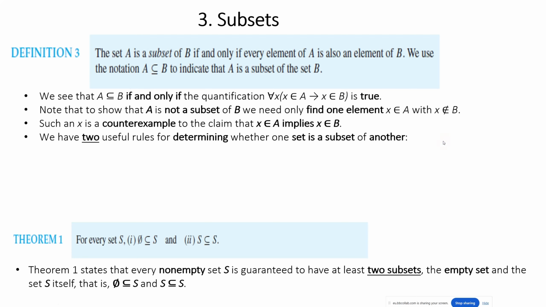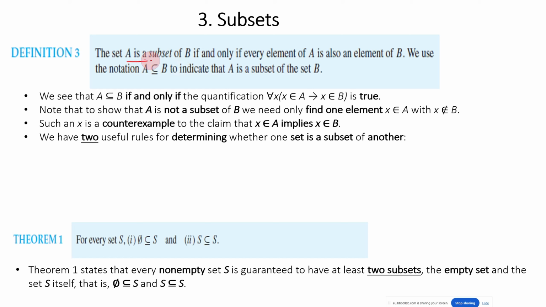Let's talk now about relationships between sets. We can have a set that is a subset of another set, which means something that is part of it. Similarly to how X is an element of a set, I can have a set which is a subset of a bigger set.